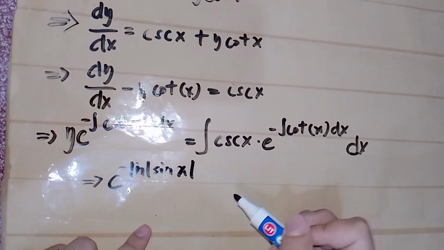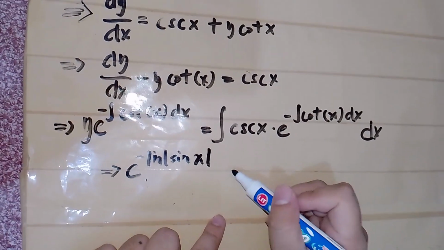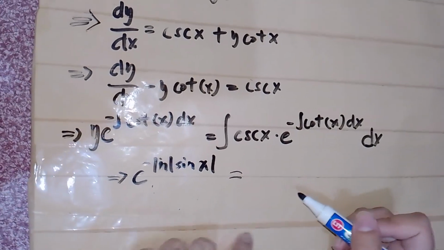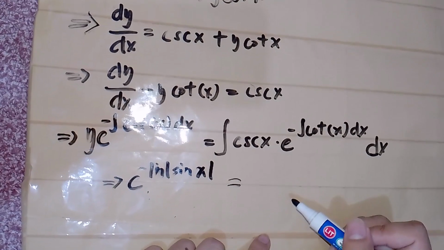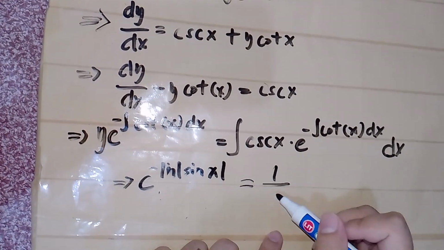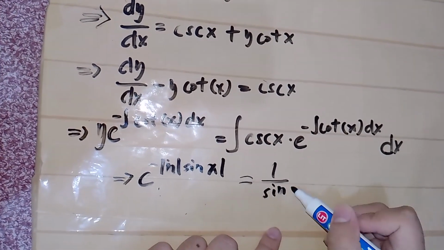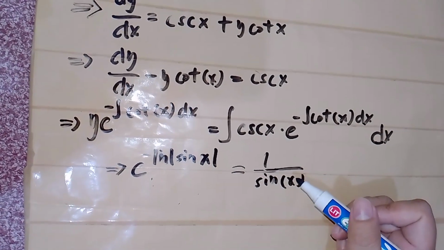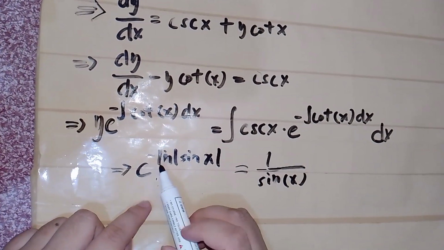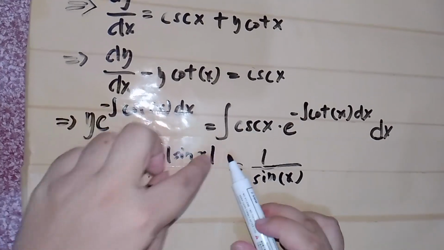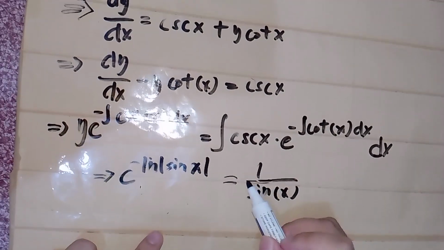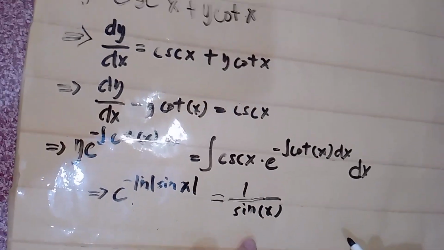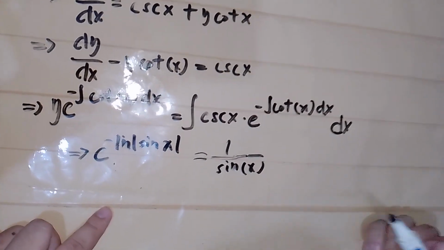And this ln we can cancel, so we are left with sine of x. So 1 over sine of x, because this negative can be placed as the exponent of sine of x, which is equivalent to 1 over sine of x.